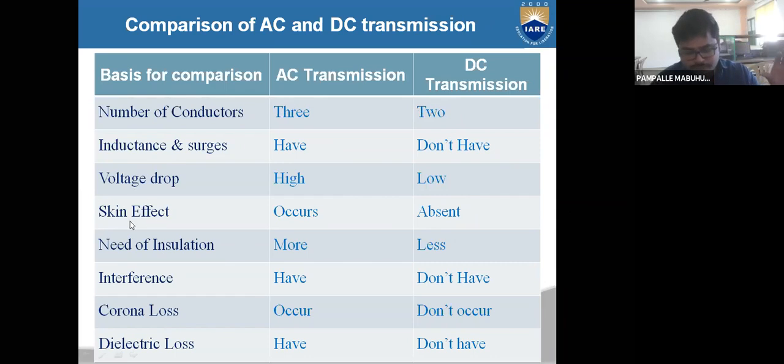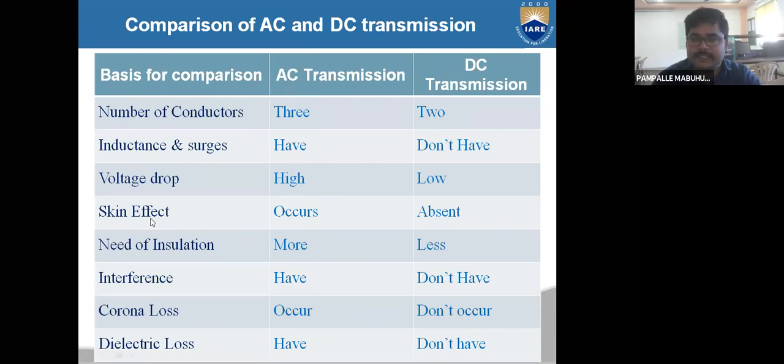Skin effect is the non-uniform distribution of the current. Okay, so when you take a solid conductor, and that solid conductor is supplied with AC, then the current will take the outer layer. So the current is not uniformly distributed through the entire conductor in case of AC.